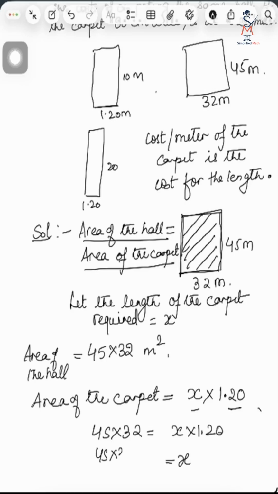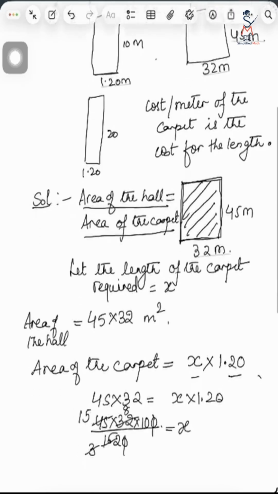45 into 32, and 1.20 comes to this side. The decimal will get removed by putting zeros. This zero cancelled. Now you can cut it with 4. 8 4s are 32, and this 3 stays the same. 3 5s are 15.